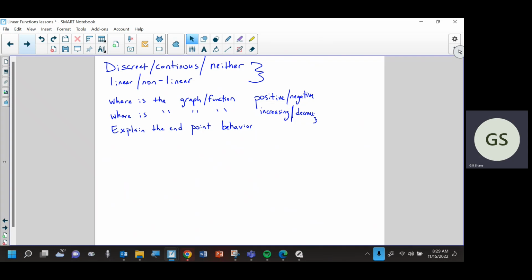So the discrete, continuous, or neither is page 85. So 1 through 8 is discrete, continuous, or neither. So if you want to do that real fast, that won't take long. I mean, you should have already done it, but if you just want to look over it again. Linear, nonlinear from an equation is page 86.